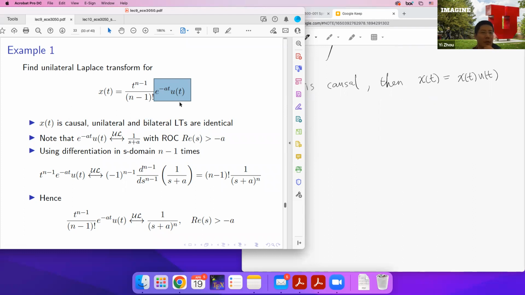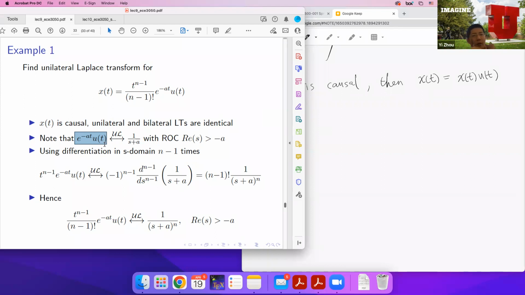So we can start from this signal and then introduce this coefficient by leveraging the properties of the Laplace transform. Because this signal is causal, the unilateral and bilateral transforms are the same.